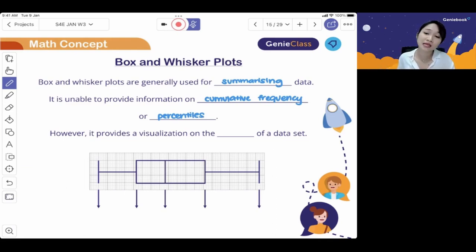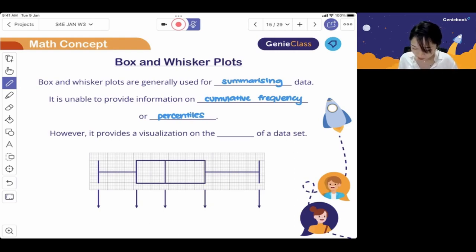So we can only say, after we are given the data, that this median value is the 50th percentile, and this lower quartile value is the 25th percentile, and not the other way. Is that clear? You guys are very quiet. If no questions then I just assume you guys understand.